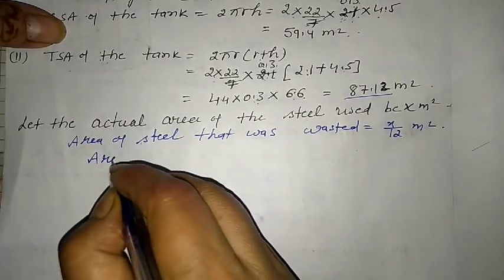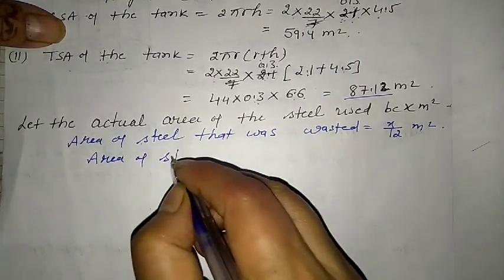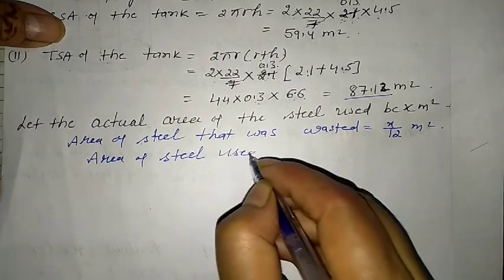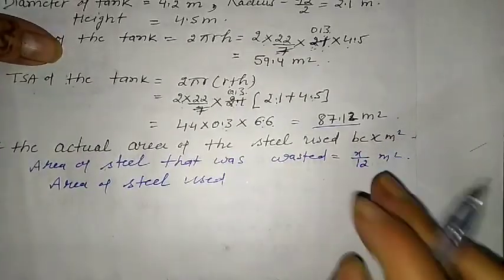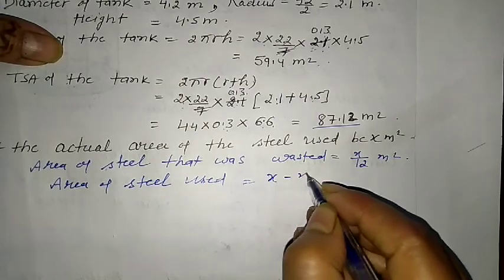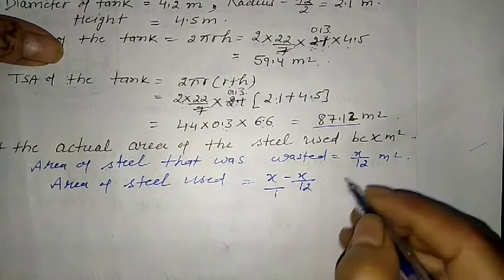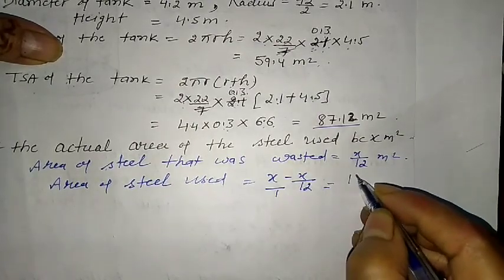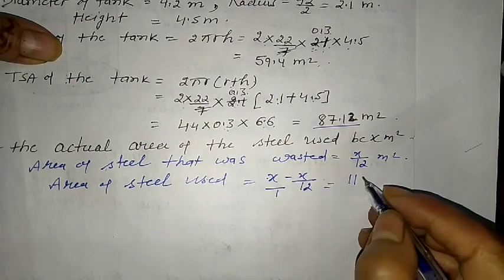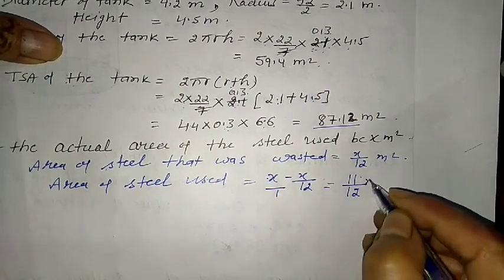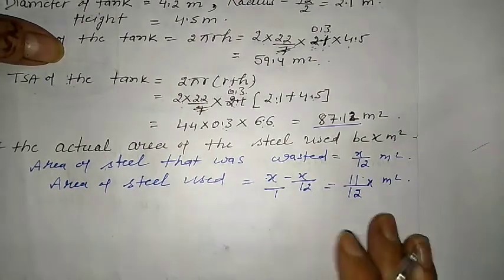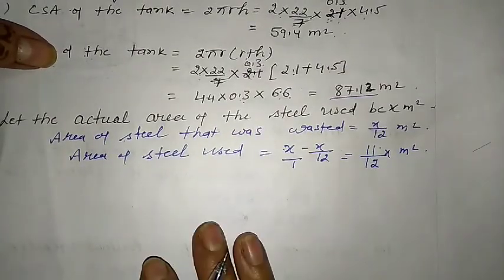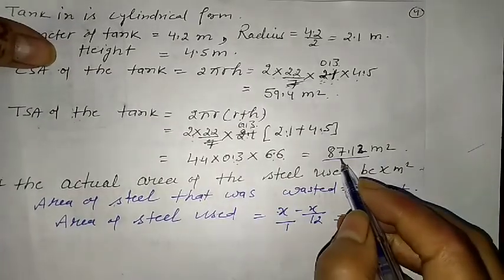Now we will find area of steel used. हम टोटल में से इस वेस्टेड को माइनस कर देते हैं. If we take LCM here, so we will get 12 minus 1, that is 11 upon 12 x meter square. This steel was actually used, and this will be equal to this one.